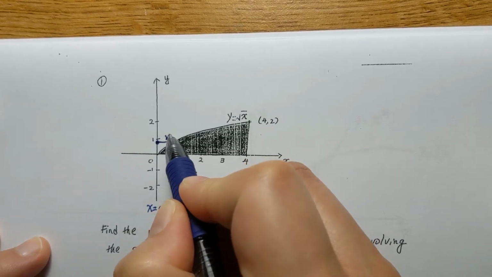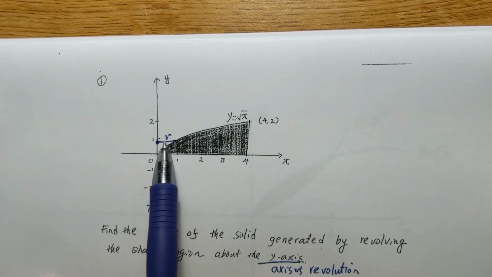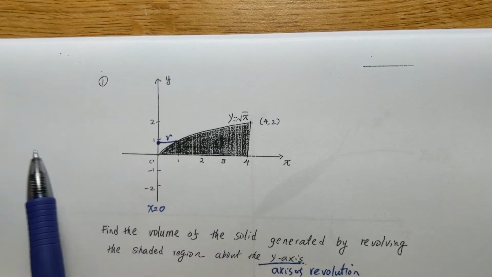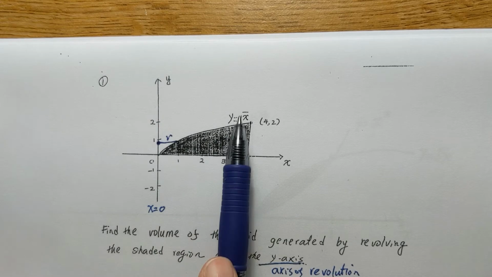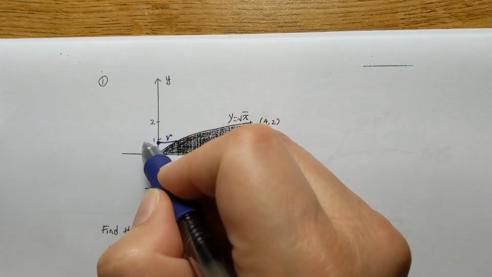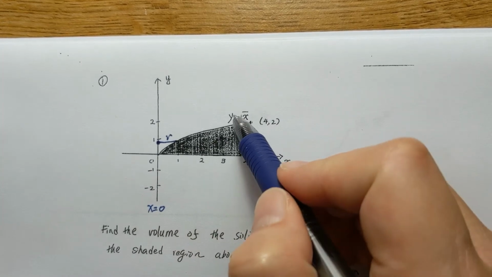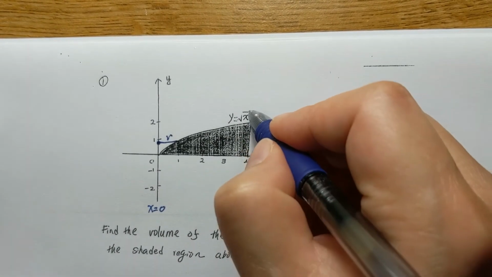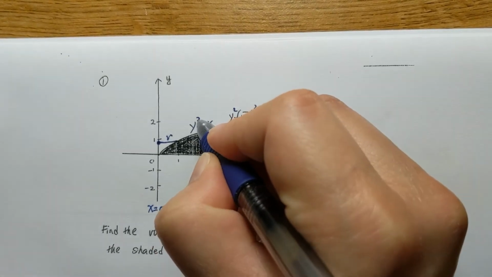So this is going to be the small radius. Now you will find out that the small radius is horizontal because we're doing left and right. So for horizontal, we have to use x subtract x. This line is x equals 0. How about this curve? We have y equal to square root x. We have to solve for x, so we square both sides. So we get x equal to y squared.